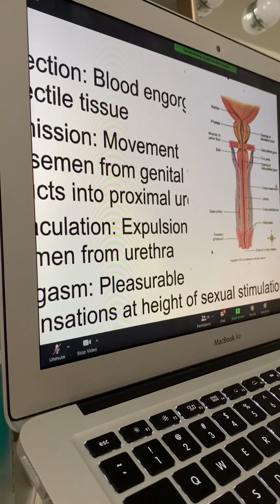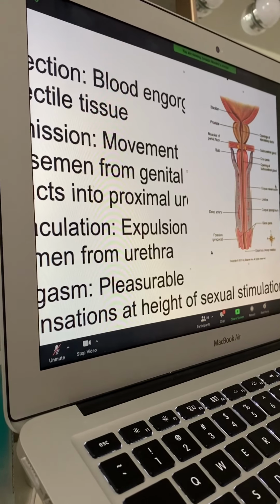In the middle here is your urethra, the tube that carries the sperm from the ejaculatory duct to the outside of the body, to the female genital tract. So emission is the movement of semen from the genital ducts to the proximal urethra, the beginning of the urethra.